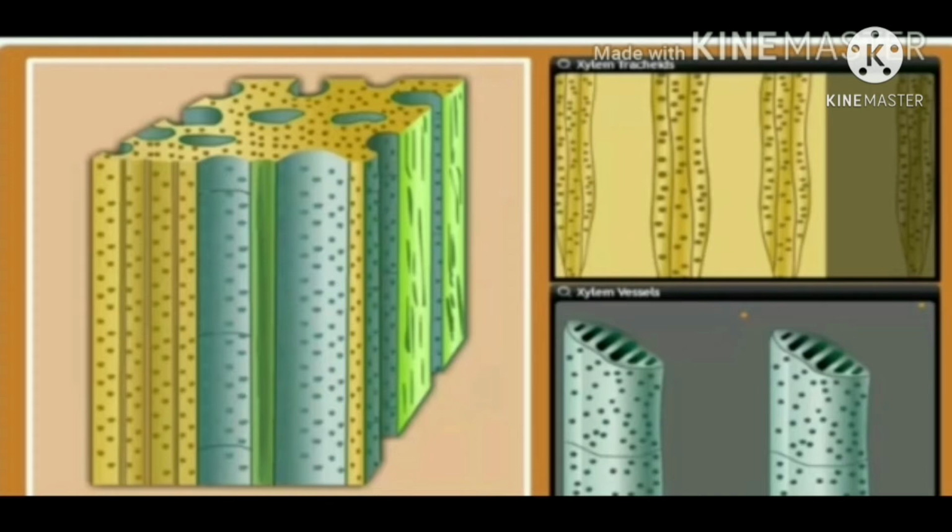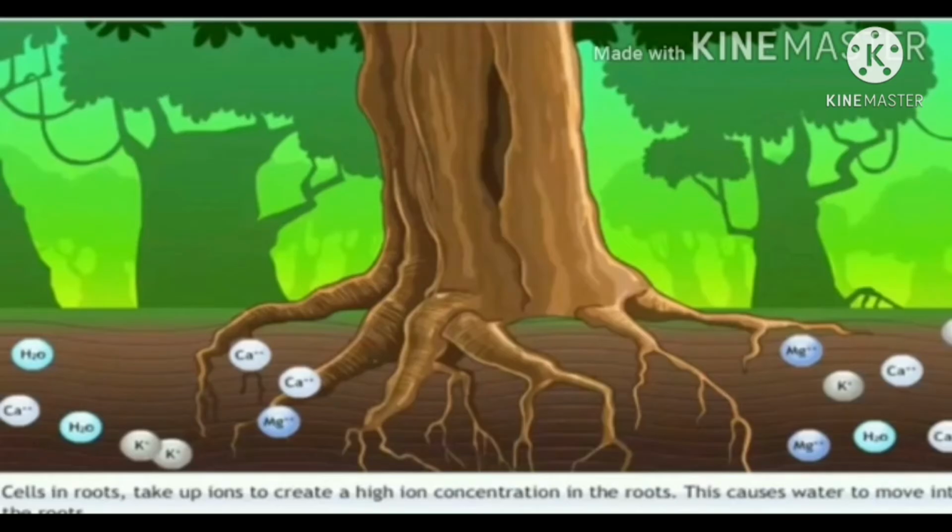At the roots, cells in contact with the soil actively take up ions. This creates a difference in the concentration of these ions between the root and the soil. Therefore, water from the soil moves into the root.